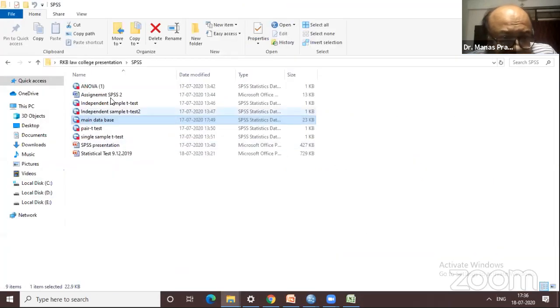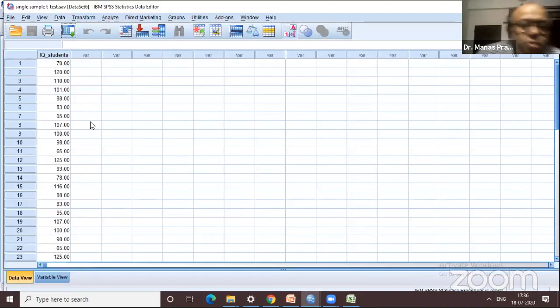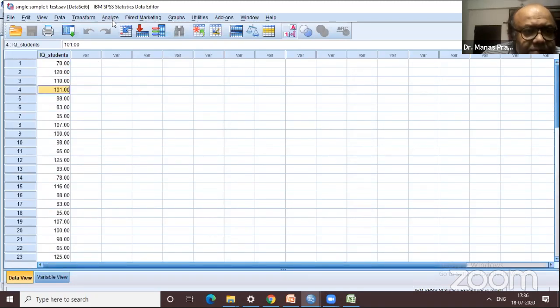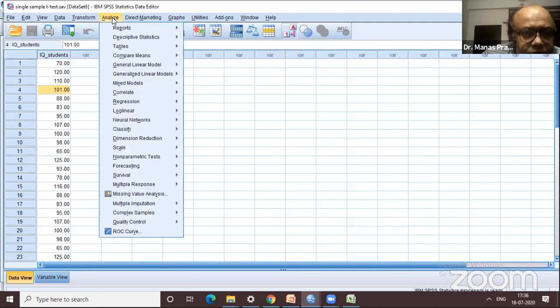I use the same data as in the single sample t-test because the situation is the same. These are the marks of the students. Now I have to check whether the median IQ level is 100 or not. For that, I have to go for a non-parametric test.